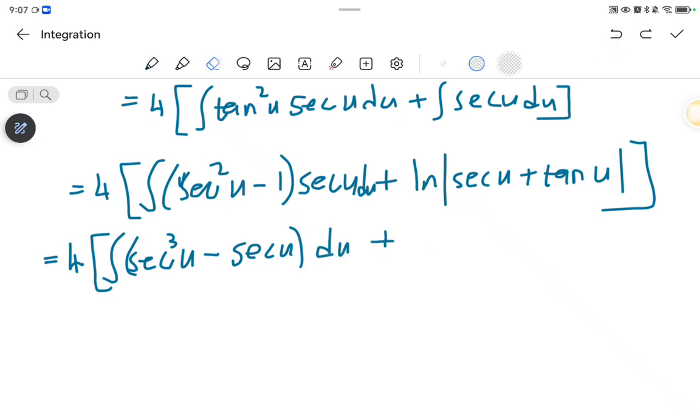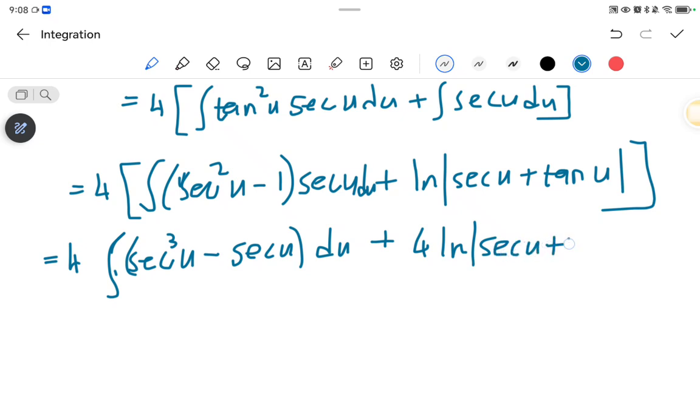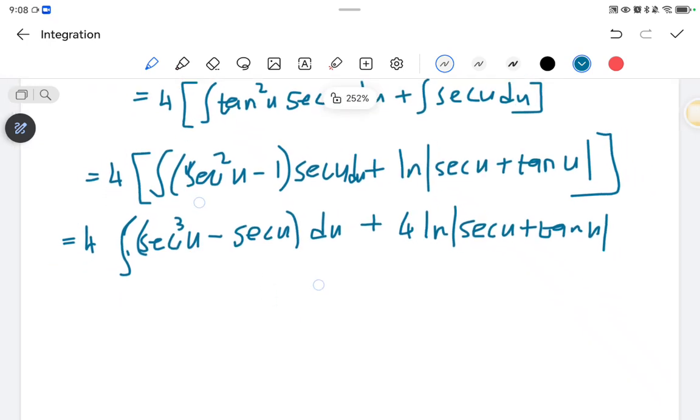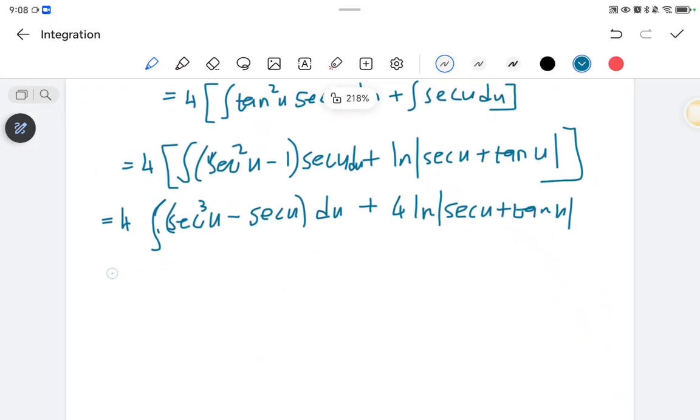Really, let me just multiply through by 4 because I think we'll need it. And this will be 4 ln of sec u plus tan u.